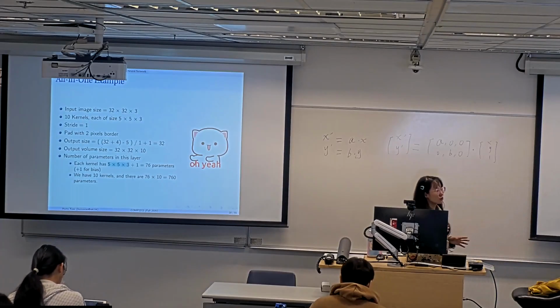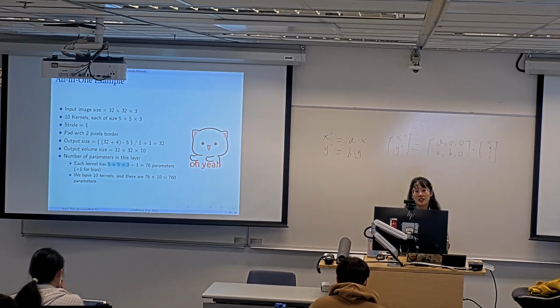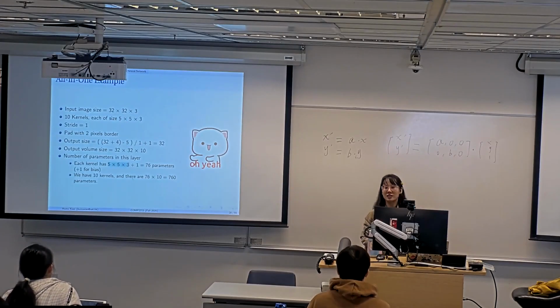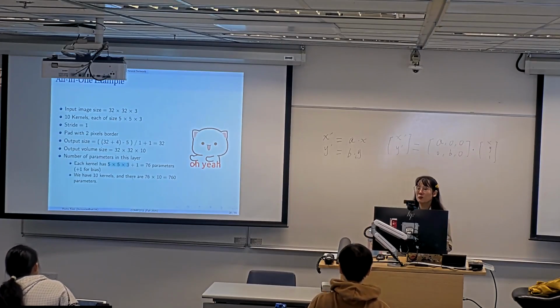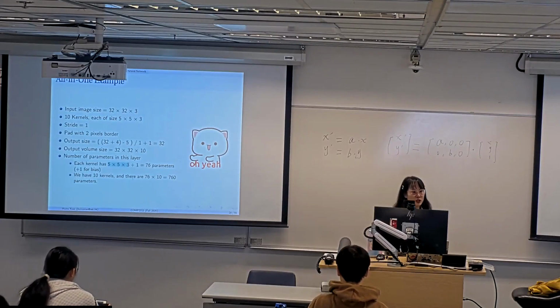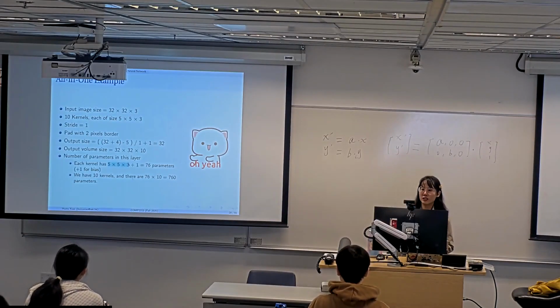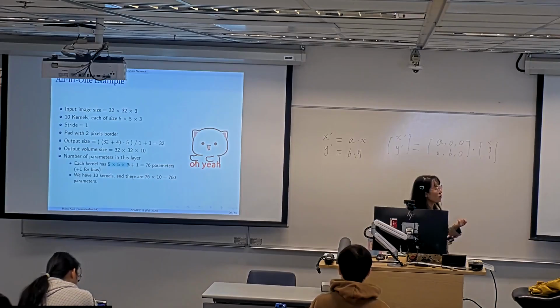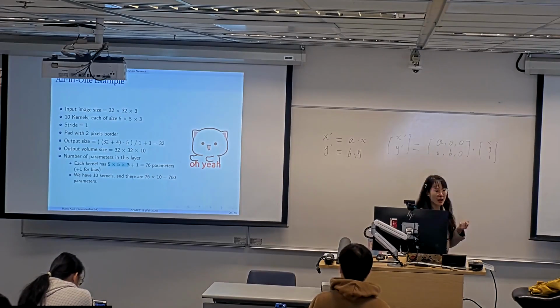And don't forget the bias. Actually, this concept of bias also applies to kernels. Previously, when we were learning about the artificial neuron, we know that each artificial neuron is always associated with a bias parameter. The same for kernels. In a convolution layer, each kernel will also be associated with one bias parameter.